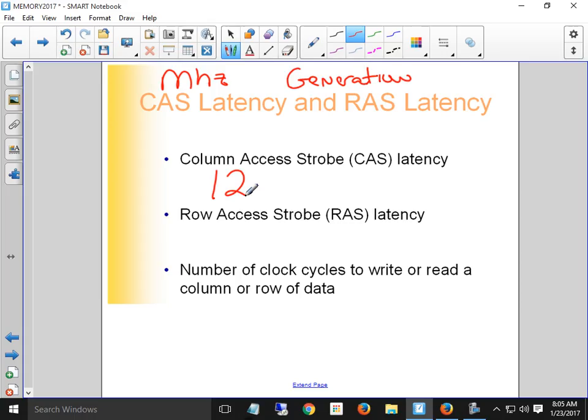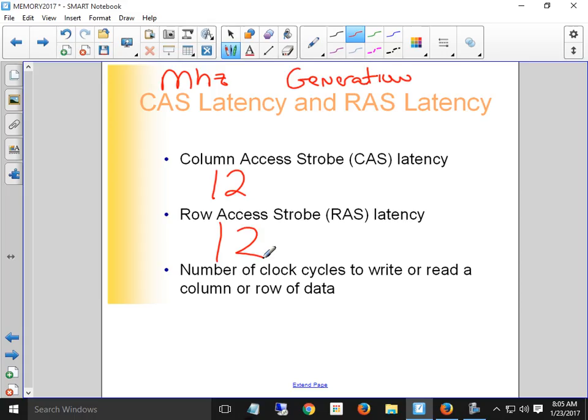Same thing here. Usually these numbers are the same. Very infrequently are they different. But that's how many times it takes for the information to go by before that stick of RAM has the information inside its little table. So the latency is how many trips around the motherboard.